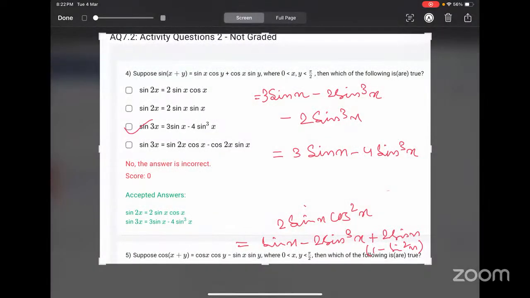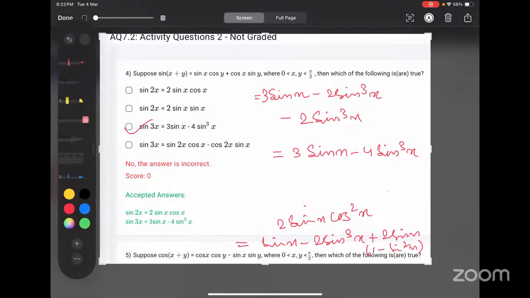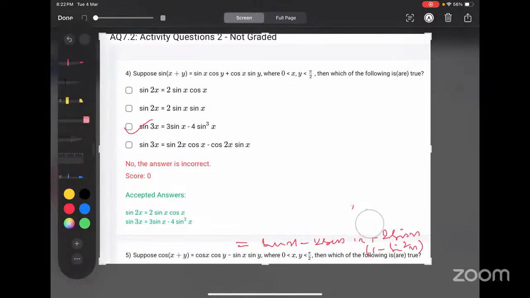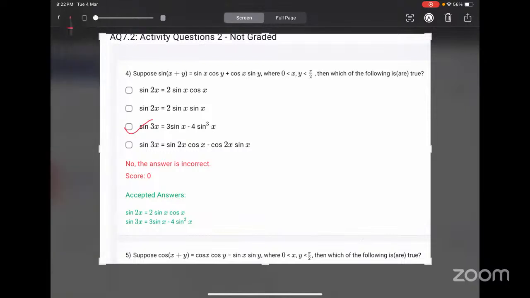Okay. But what are the identities we have to know, madam? Can we get a small list? I did my 11th standard in 1989, I can understand. Okay, surely. So the basic one is sine square x plus cos square x equal to 1.